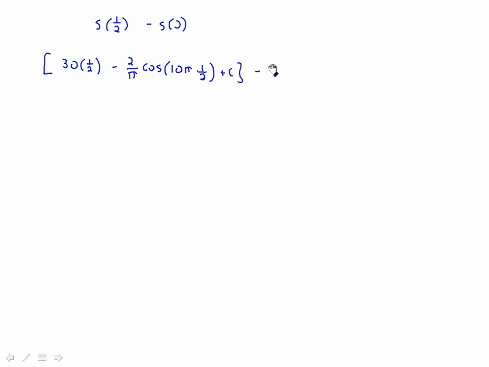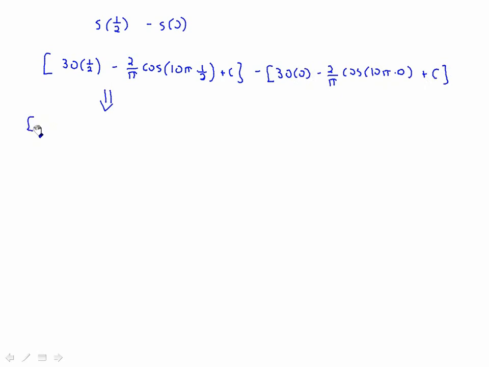And then take away 30 times 0 minus 2 over pi multiplied by the cos of 10 pi times 0 plus c. Now you can do this a number of ways. Some of you will clean up the brackets.